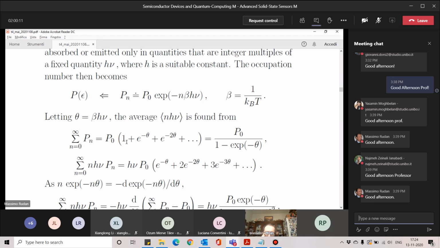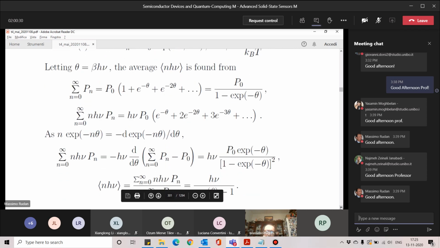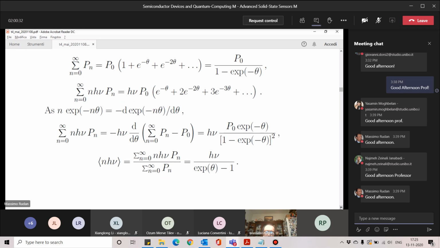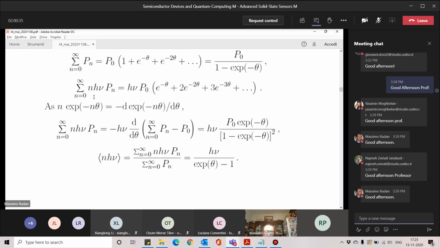Then we need the numerator. The numerator is energy times the distribution. So energy is n h_n times the distribution, and we have another infinite sum of this form. And there is a trick. If you take the derivative with respect to theta, you find immediately the numerator.